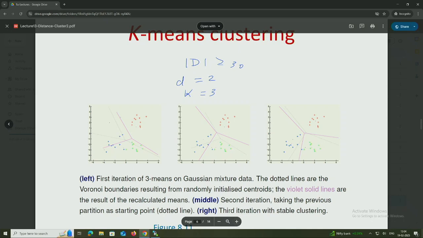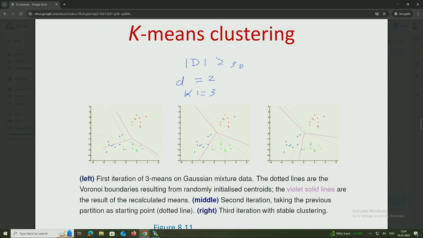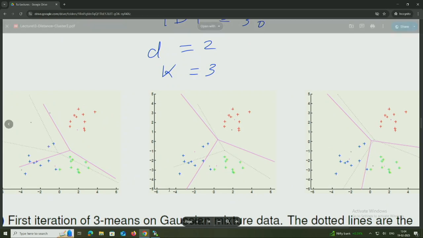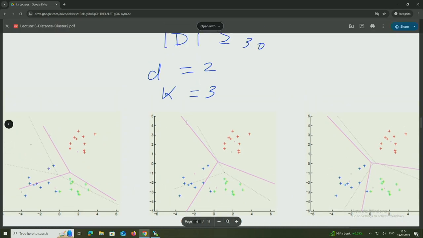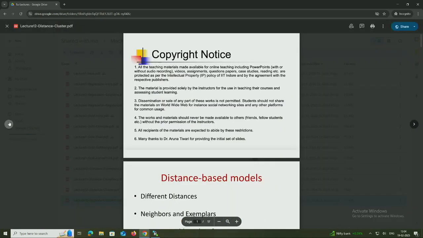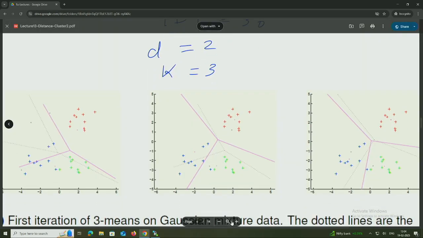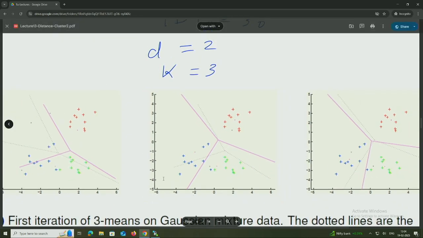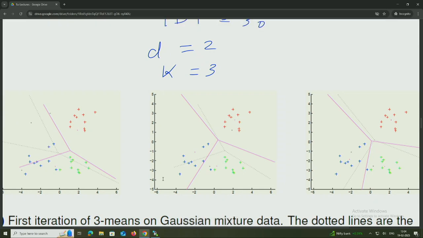Okay, never mind. So D is the total data points, small d is the dimension, K is the number of clusters. And now let's look at the very first figure. The class isn't that big, so you should be able to see. Ignore these two, just focus on this.